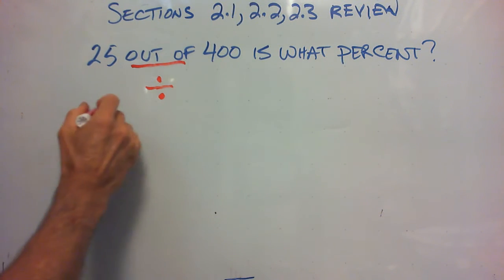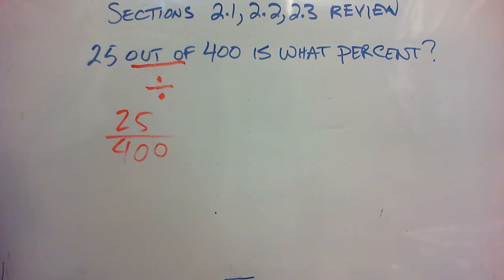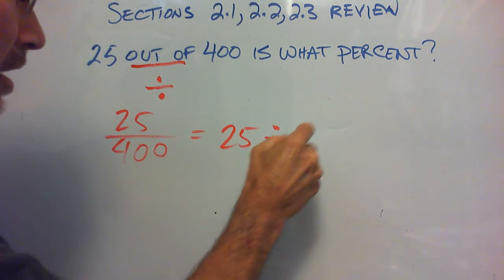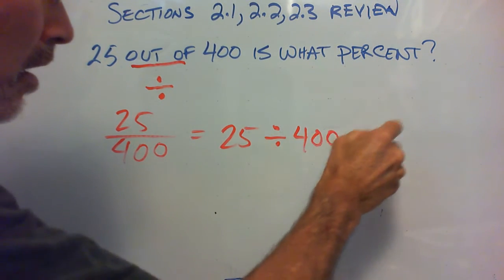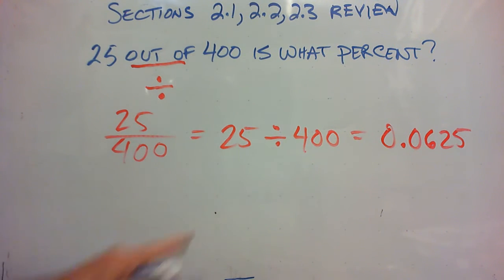1 out of 3 is 1/3. 25 out of 400 is the fraction 25/400. We just turn that into a decimal by dividing it out. And when we divide 25 by 400, just use a calculator, we get 0.0625. Well, that's not our percent, that's the decimal.